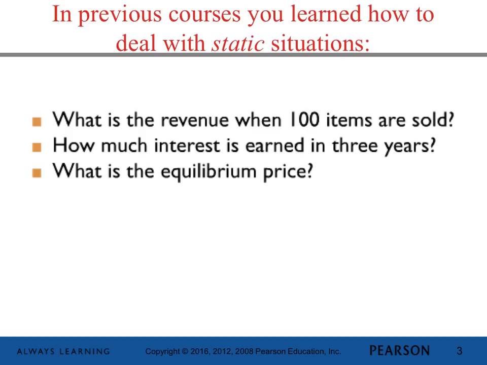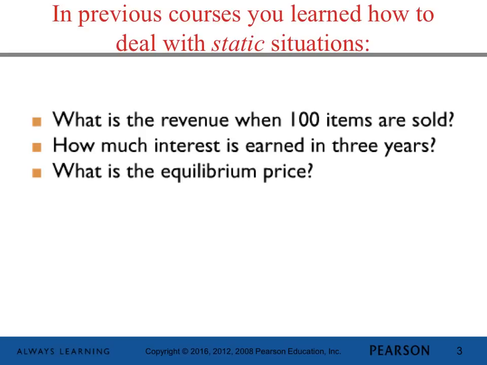We were able to calculate that because we knew that if they sold 100 items and each individual item, say, cost $5, then the revenue when 100 items were sold was $5 times 100, or $500. And that was one answer at one given point in time. And that time pretty much was static. You know, you could change to a different time, but it wasn't fluid.